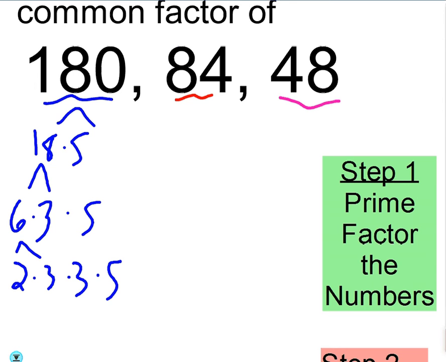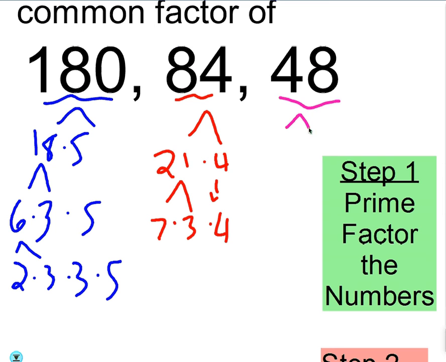Okay, how about the 84? What does that break down to? 21 and 4, which breaks down to 7 times 3 times 4. And how about the 48? Okay, 6 and 8, which breaks down to 3 times 2.